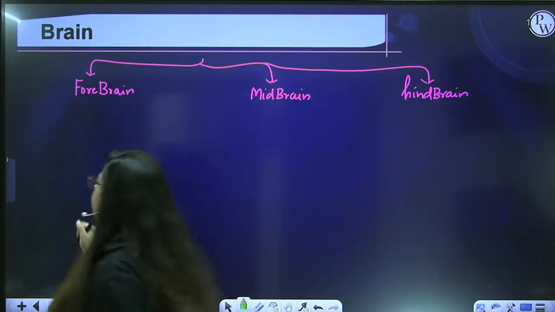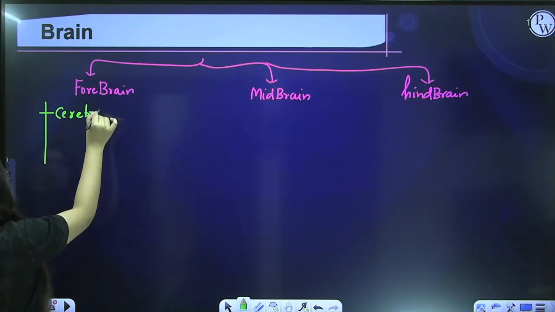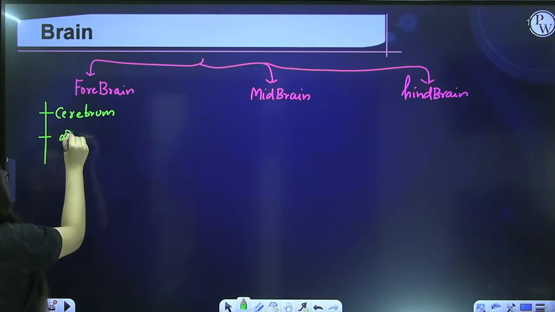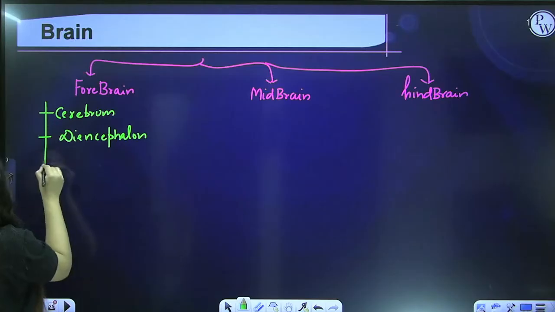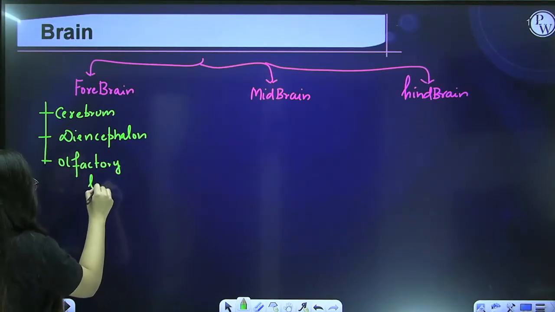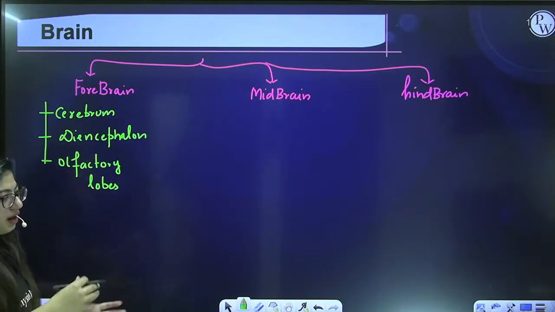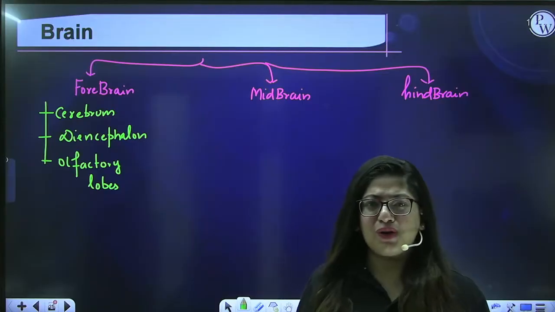In forebrain, we have structures which are cerebrum, diencephalon, and olfactory lobes. Right now, I'm just telling you the names of the structures which are under different parts of the brain. We'll also study the detailed diagram, so do not worry, okay?